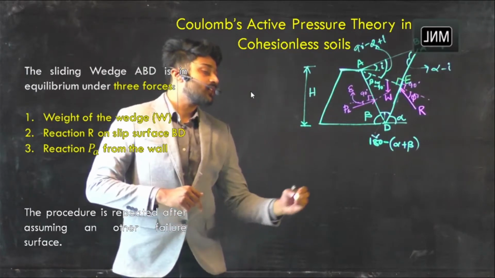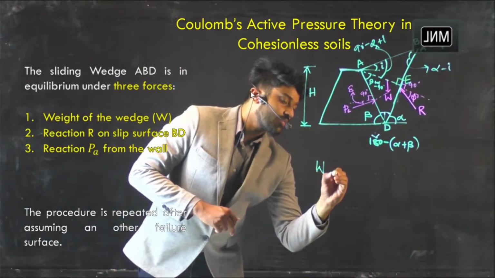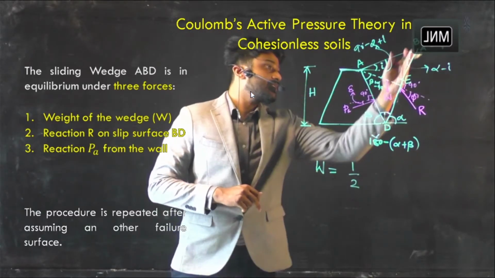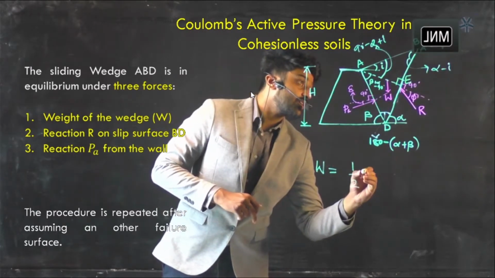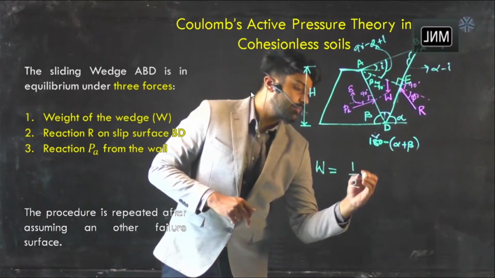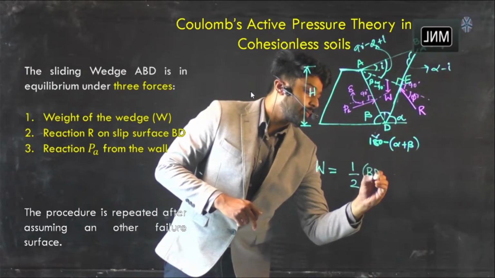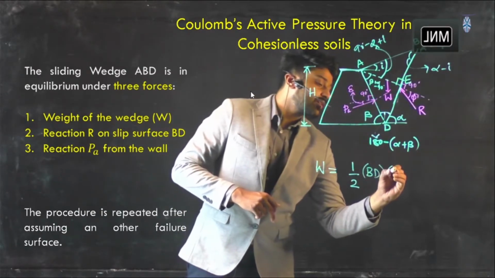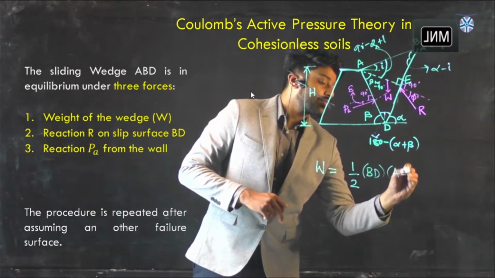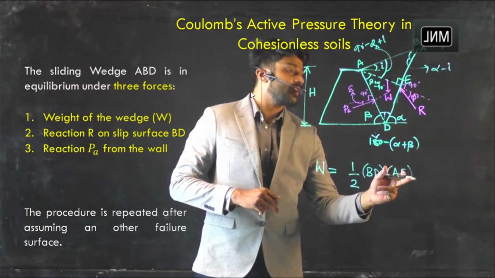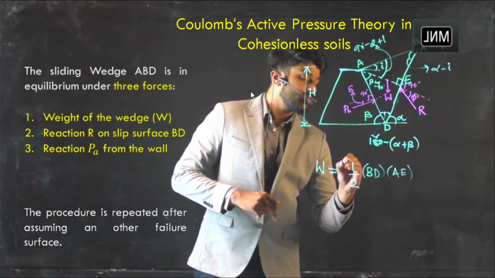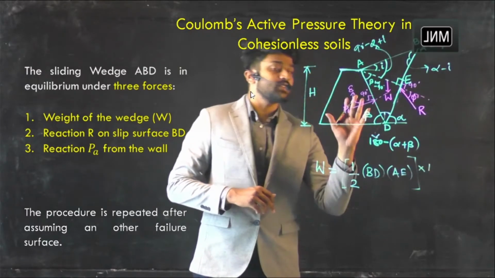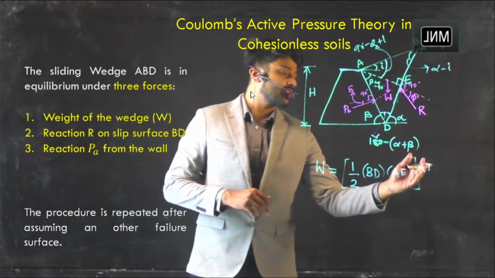If you consider the weight of this particular wedge W, that is half into base, the length of this wedge, here it is BD, multiplied by height AE, half into base into height, that is the area, into unity, since it is considered in a two-dimensional plane.